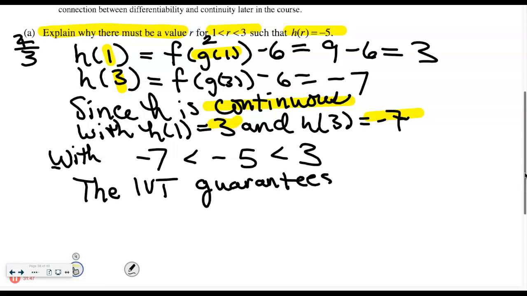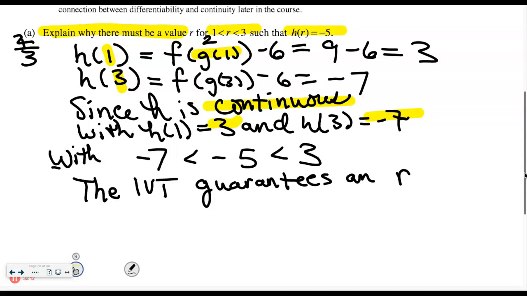Look at and go read. What am I supposed to guarantee exists? It says h of r equals. Yes, there's at least 1 r. Guarantees. And r, at least 1. I better put lowercase because that's what they used, right? And r, where does that r have to fall? -5. No, the r value. Between 1 and 3.